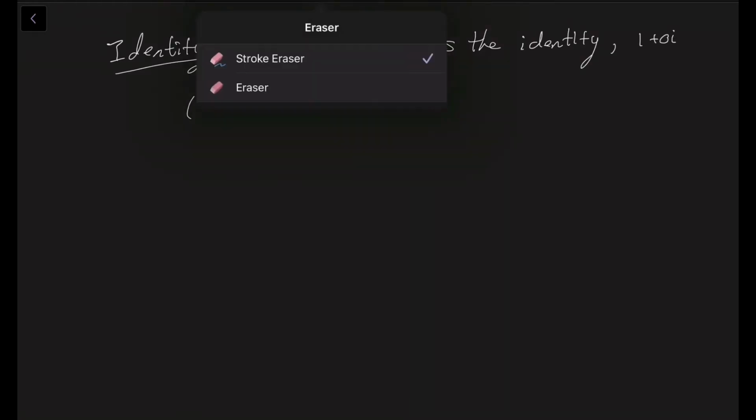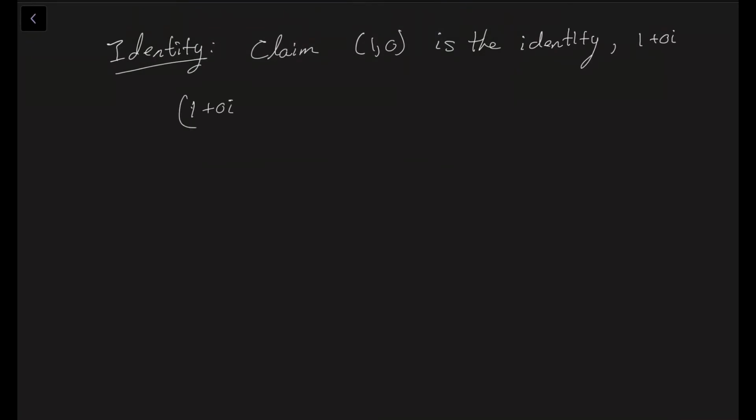Next, we have to show that there's a multiplicative identity. So what we're going to do is claim that 1, 0, or 1 plus 0i is the multiplicative identity. We're going to take any complex number, a plus bi, and multiply it by 1 plus 0i, and also multiply 1 plus 0i times a plus bi.